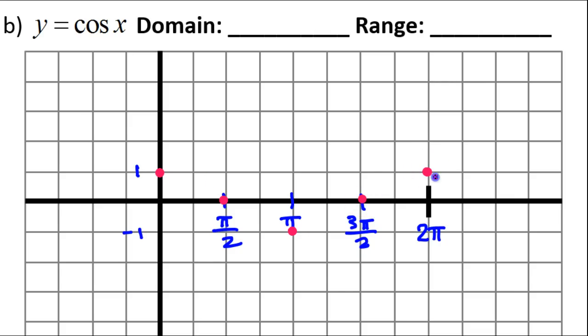So that's your basic cosine pattern that we have memorized. And we could continue that pattern by going back down to the midline and below, back down to the midline and below. Okay, so this function is going to look like this.